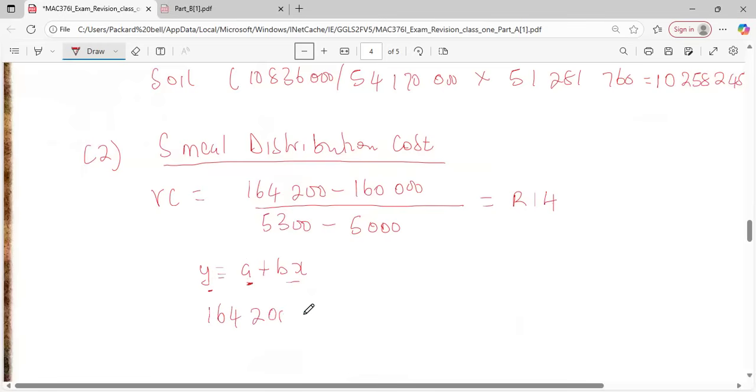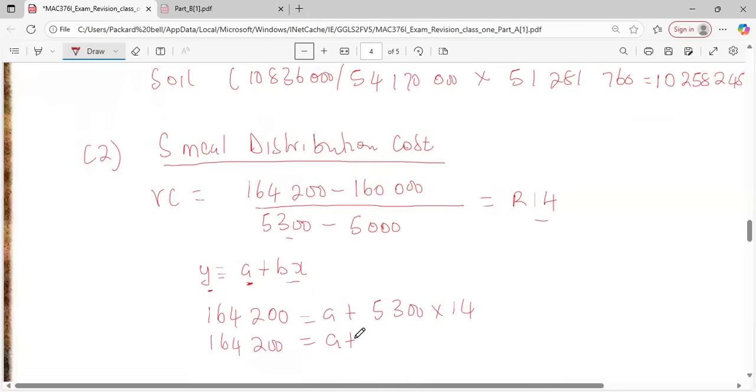So it's going to be 164,200 is equal to a plus bx. We use this one, so it's going to be 5,300 times 14. So our 164,200 is equal to a plus how much?